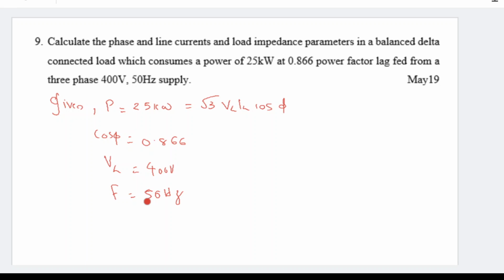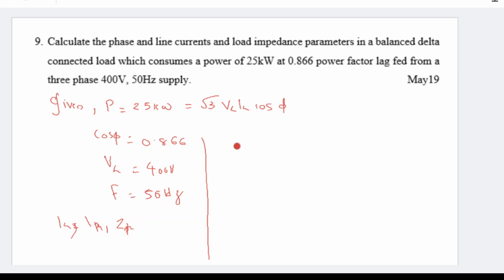So we were given power. Now what we have to find out is the line current, phase current, and Z phase impedance load parameters.